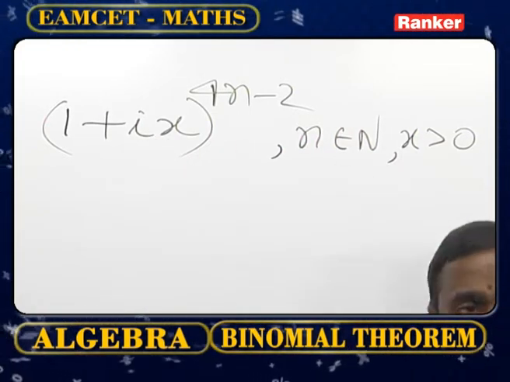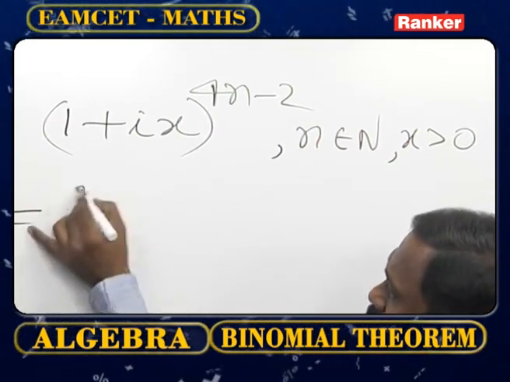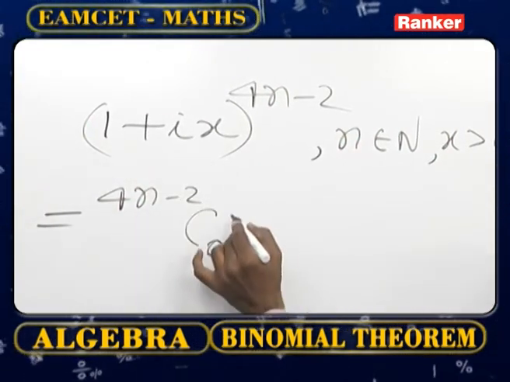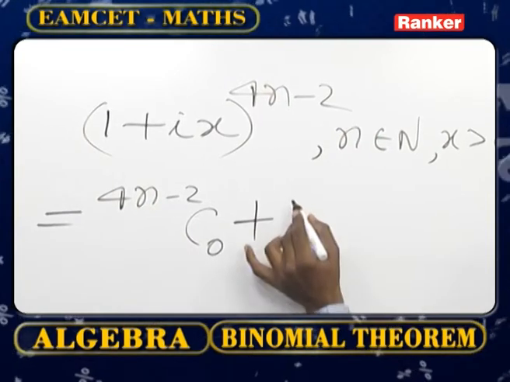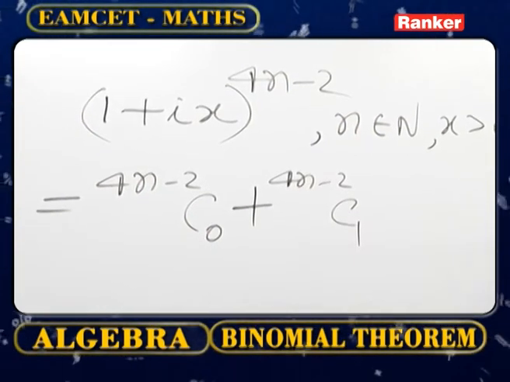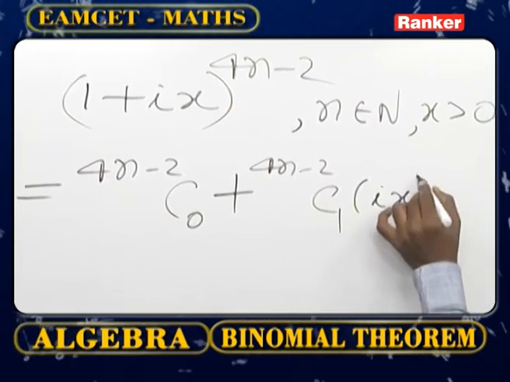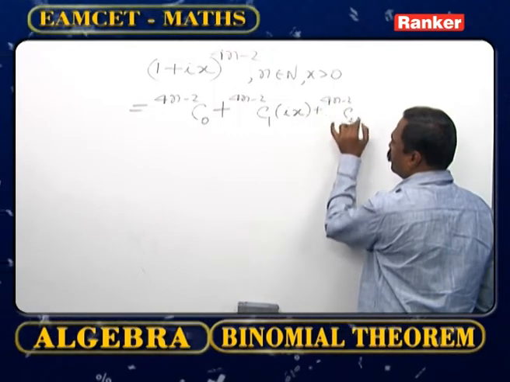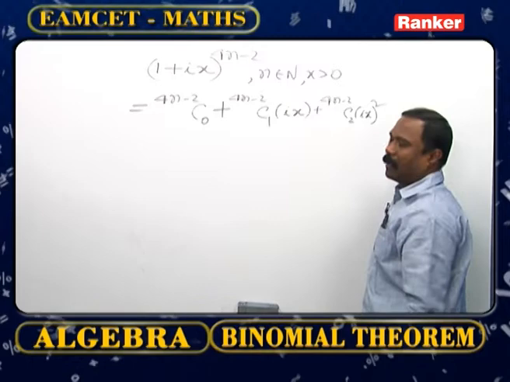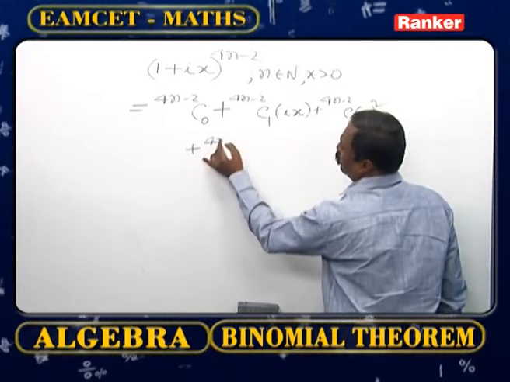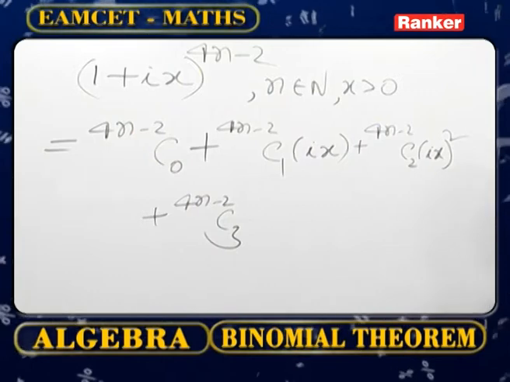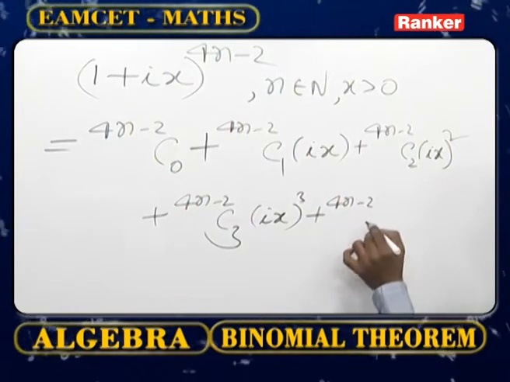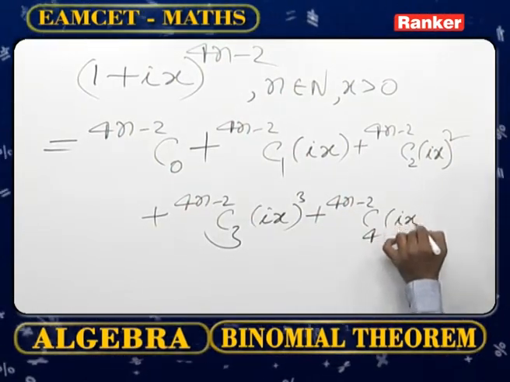So let us write few terms in this one. 4n minus 2 C0 into 1, I am not writing that, plus 4n minus 2 C1 into 1, not needed to write, plus 4n minus 2 C2 into Ix whole square, plus 4n minus 2 C3 into Ix whole cube, plus 4n minus 2 C4 into Ix whole power 4.